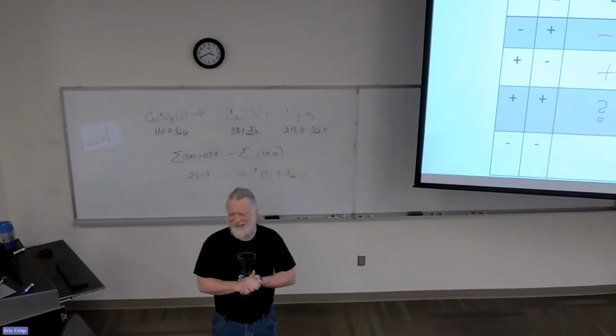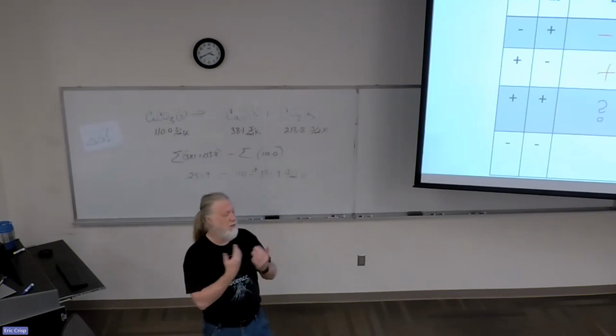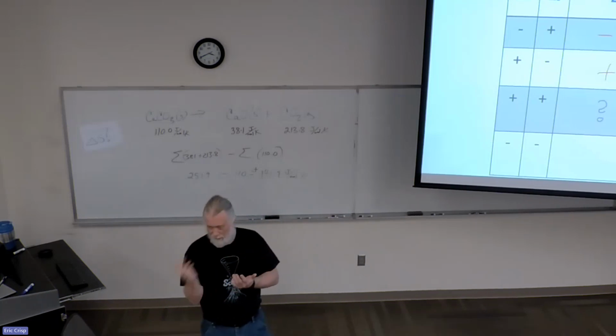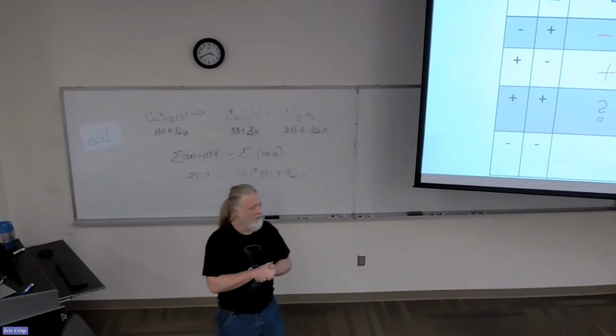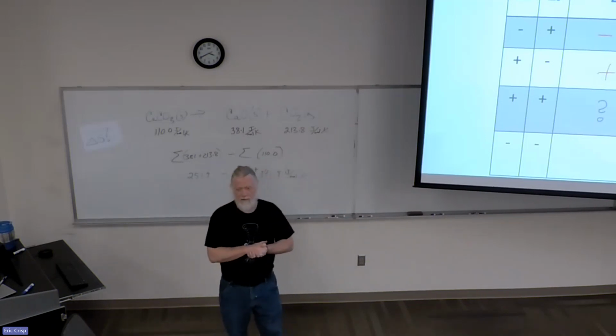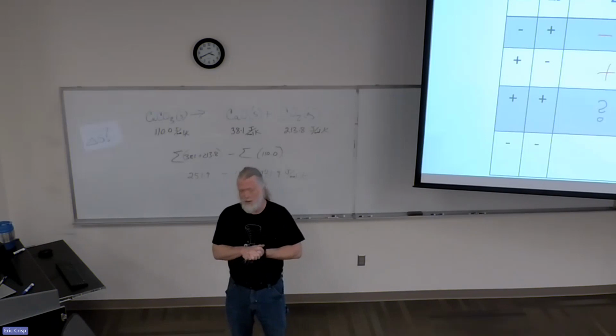I think this one's a hard one to put into words. Negative minus negative is negative plus, whatever. So what determines whether the whole value is positive or negative? Right, the scale of the delta S term versus the scale of the delta H term.